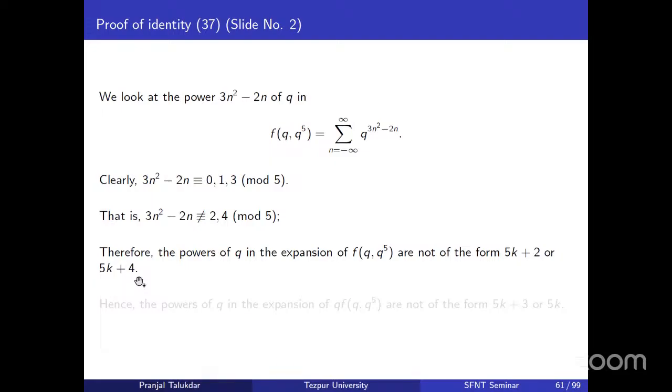If we multiply by q, then the powers of q in the expansion of q into f of q, q5 cannot be of the form 5k plus 3 or 5k. So this is one of the important observations.